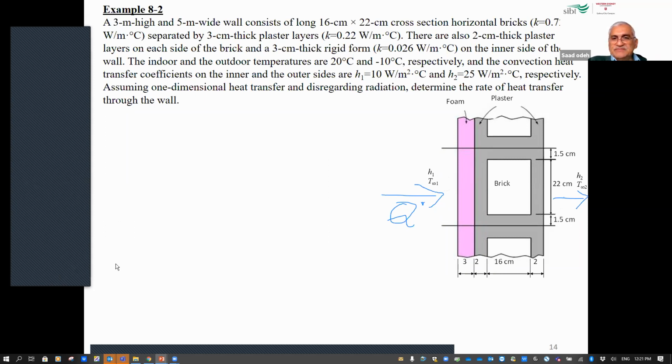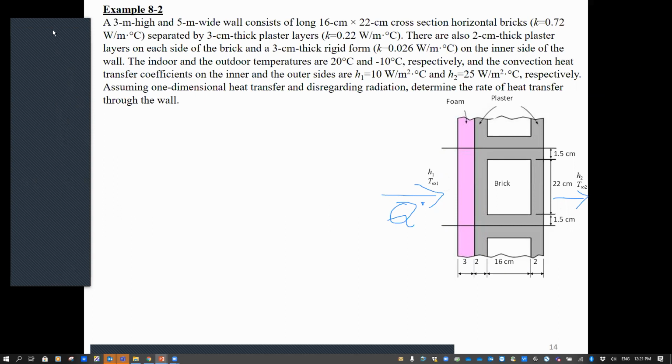Okay. Any clue? Ilyas, William, Tarek, Abdulaziz. Any clue? Jingshi, yes? 8. Okay, so one of your colleagues said 8.